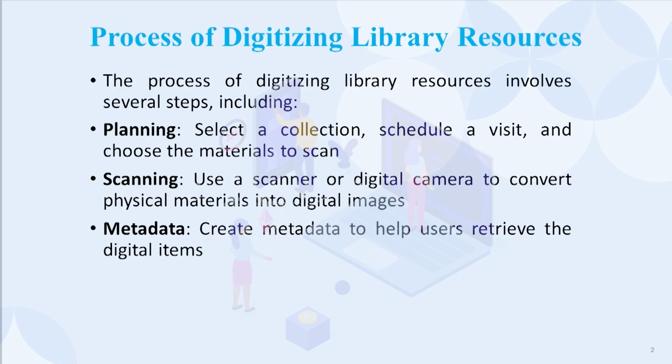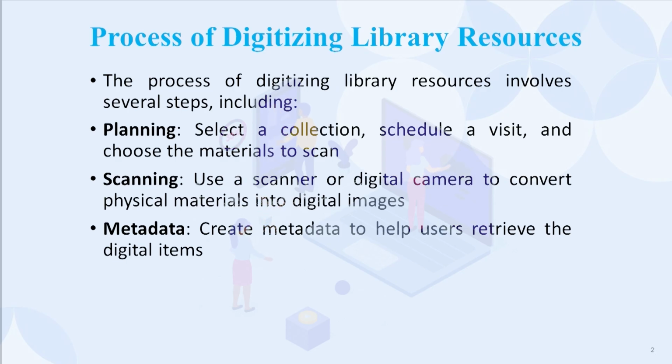planning: select a collection, schedule, visit and choose the materials to scan, which materials have to be scanned. Then scanning: use a scanner or digital camera to convert the physical materials into digital images. Then metadata: we need to create metadata to help users retrieve the digital items.